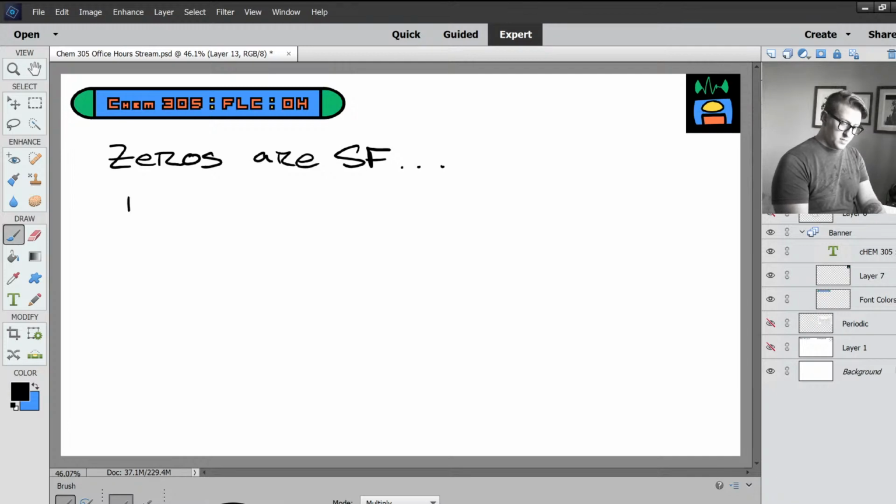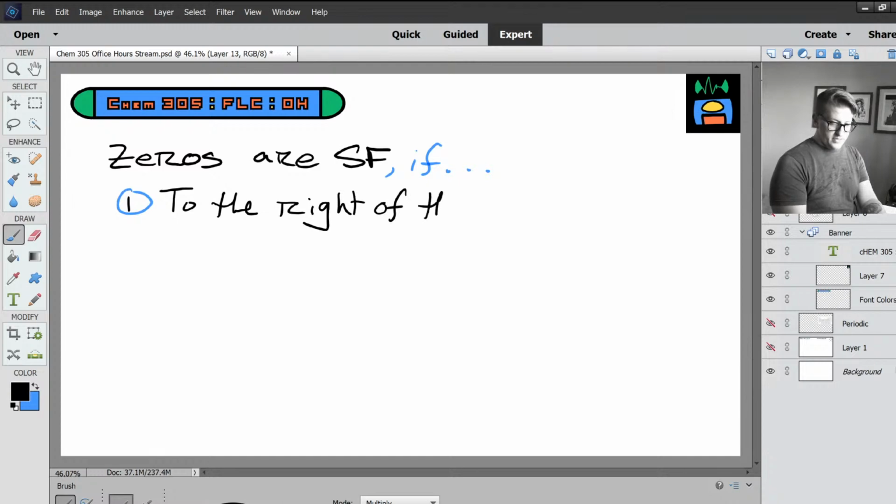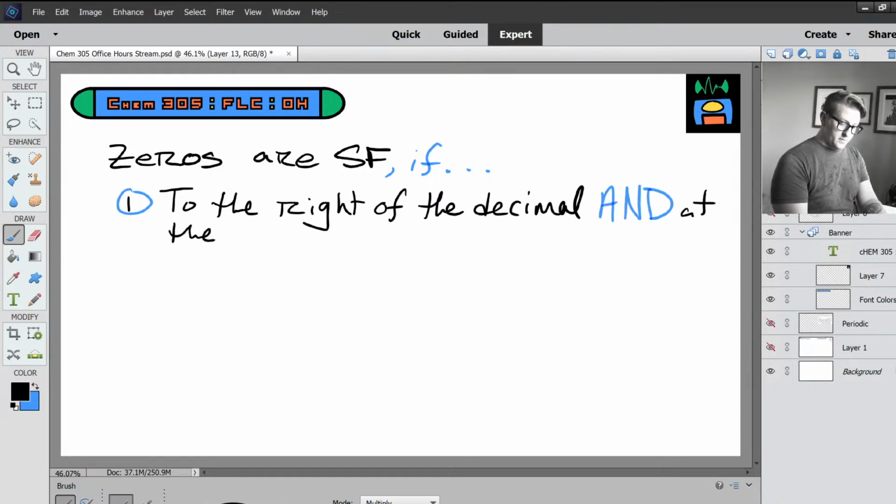First, if they are to the right of the decimal and at the end of the number.